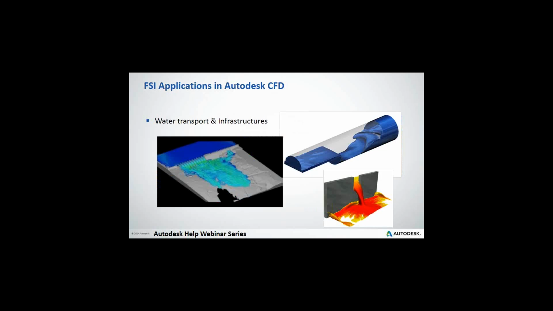So the third application is water transport and infrastructures. Some examples are the flow of water from a dam application, for example. So you want to see how the water flow interacts with the structure of the dam.